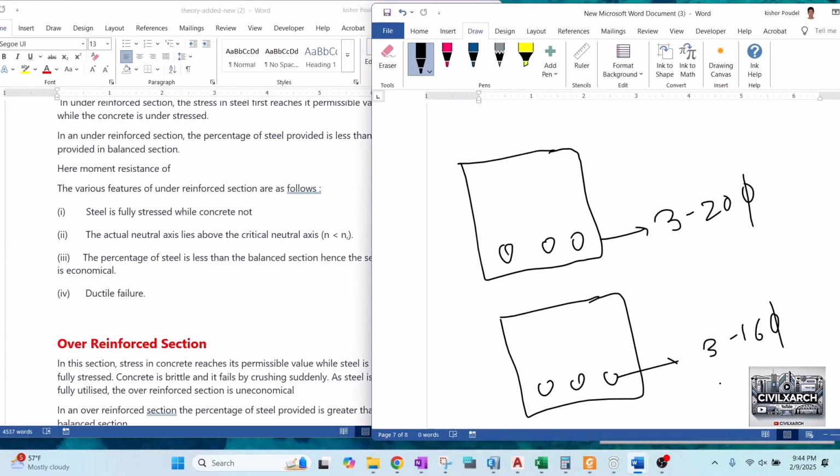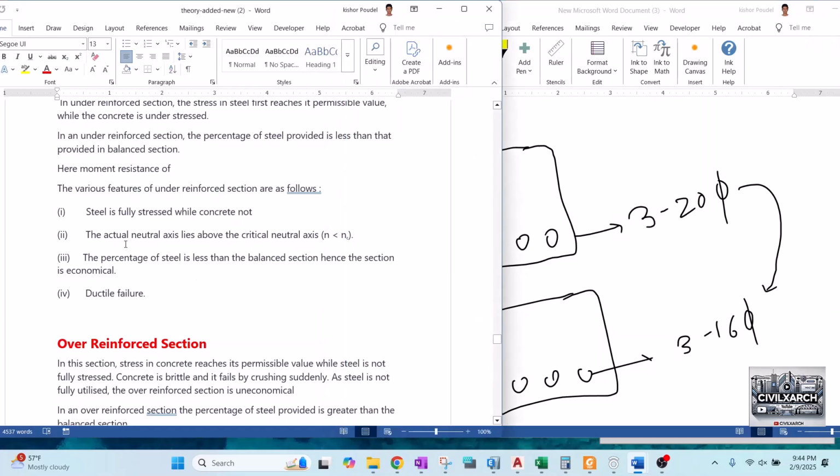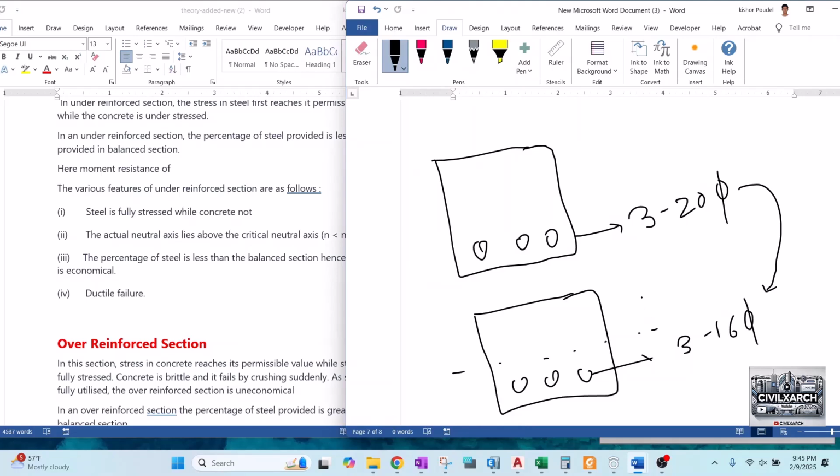So the reinforcement in the section is less than the balance section. In this case, the actual neutral axis lies above the critical neutral axis. For example, the limiting neutral axis is here, that is the actual max. But in the case of an under reinforced section, the actual neutral axis is above it, like this.